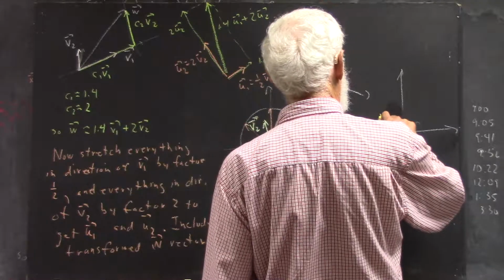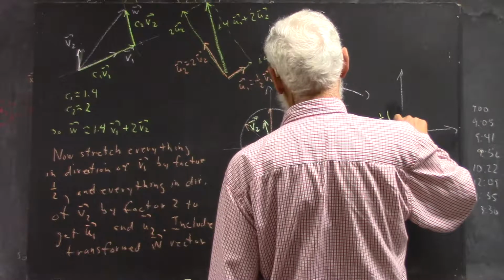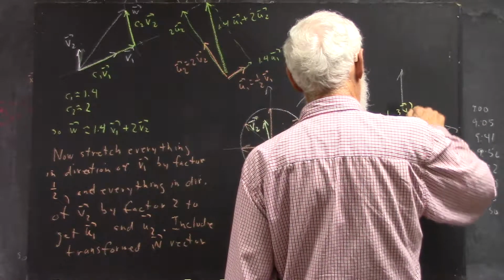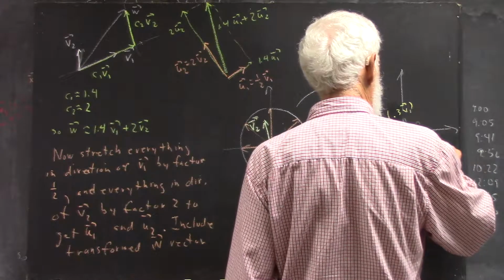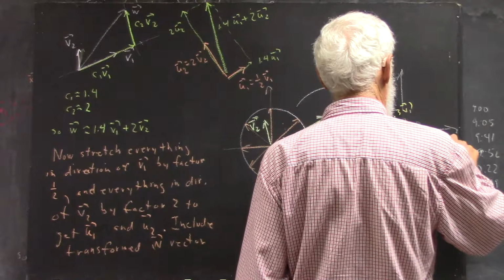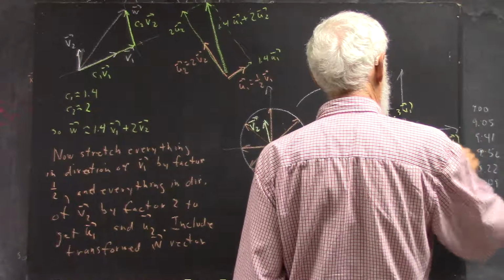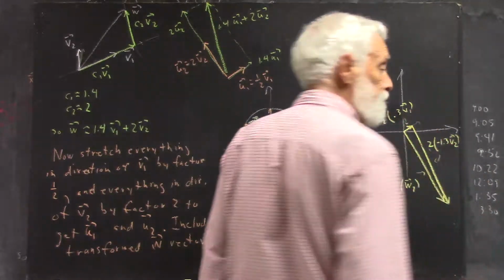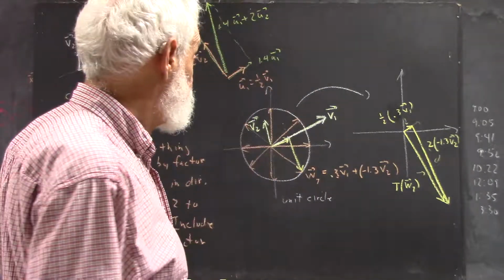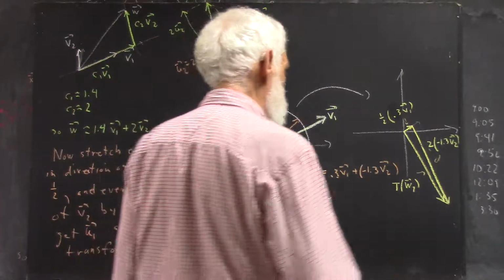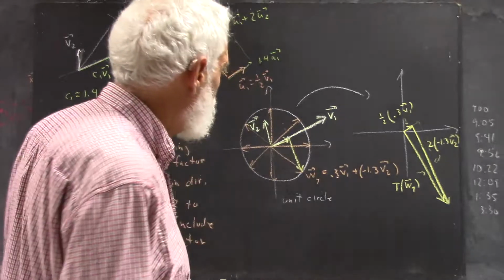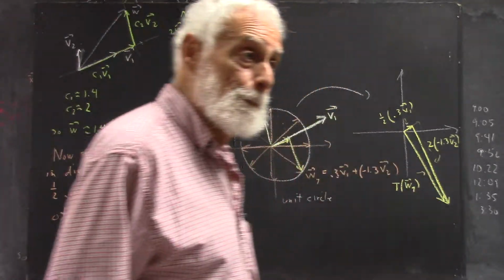This will be 1/2 of 1.3 V1, this is going to be 2 times negative 1.3 V2, right? Okay? And this is W7.